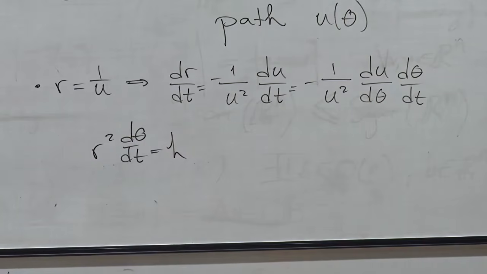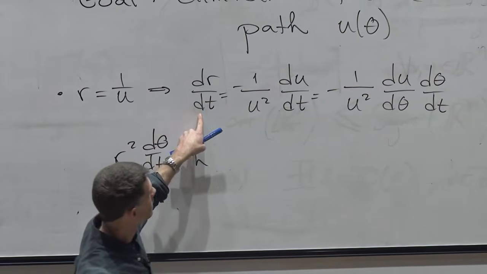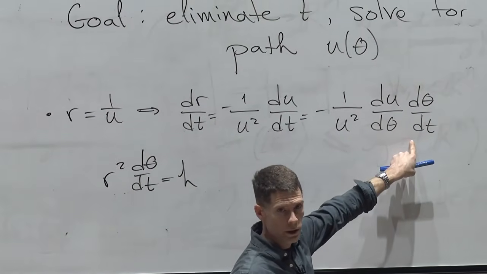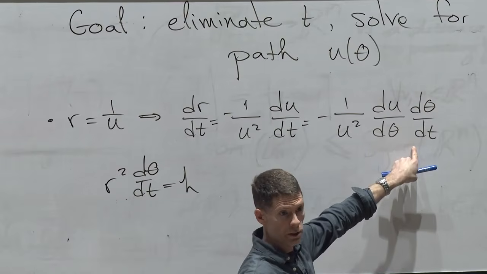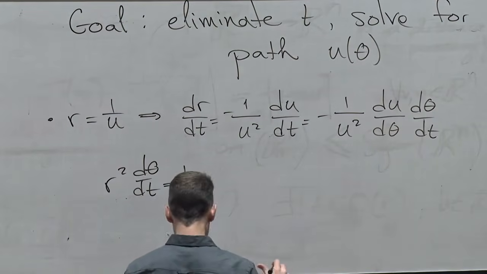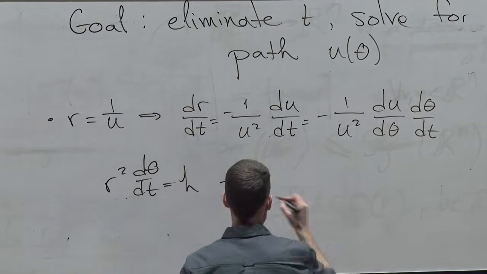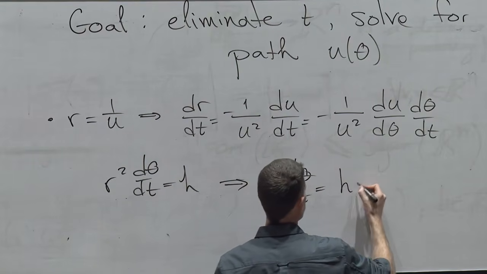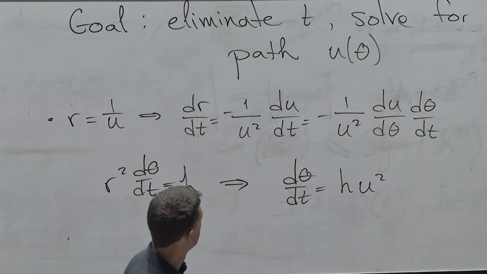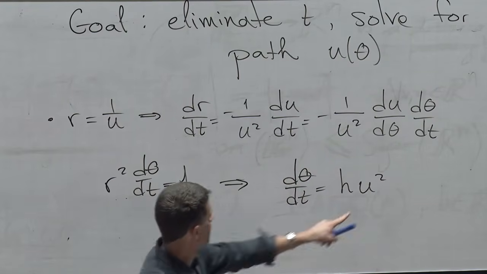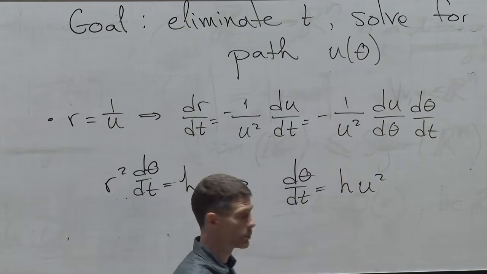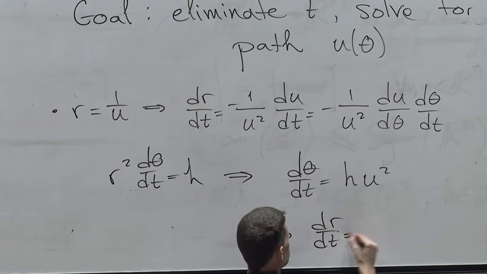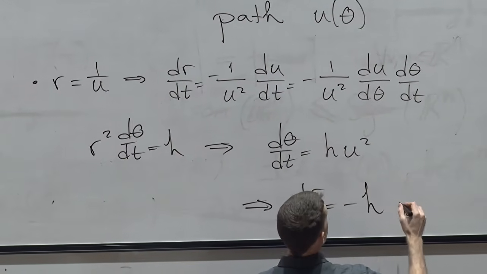So therefore, dr dt has a d theta dt, which is h over r squared, but 1 over r squared is u squared. So that means d theta dt I can write as h u squared. And therefore the u squared and the u squared cancel, and I get this nice expression that dr dt is just minus h du d theta.